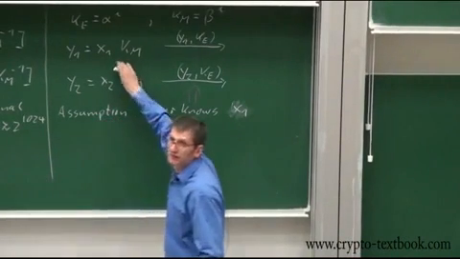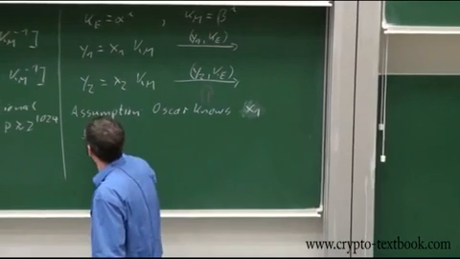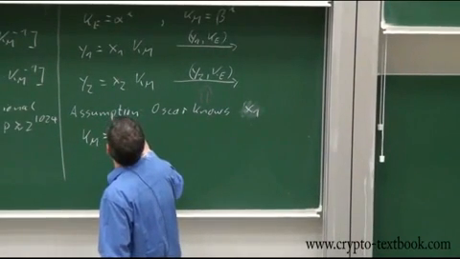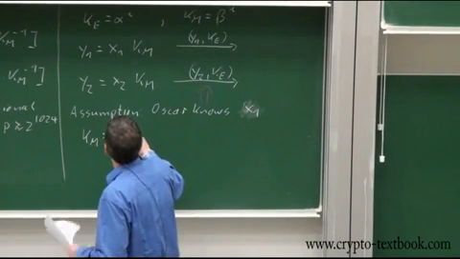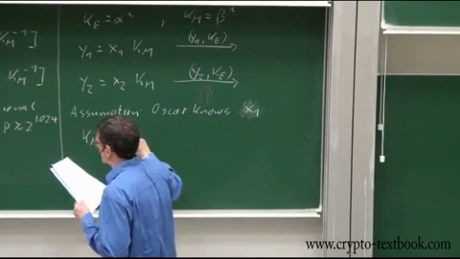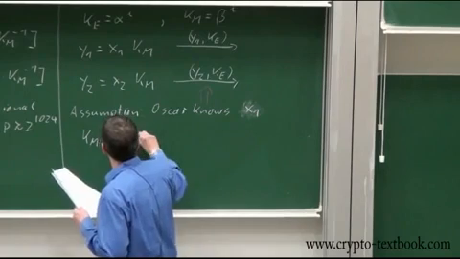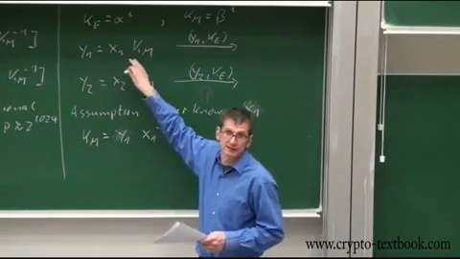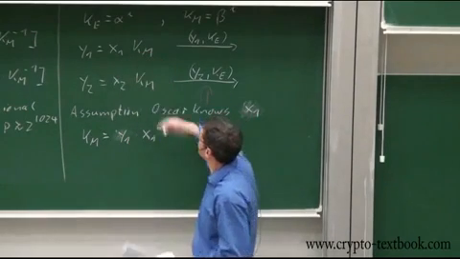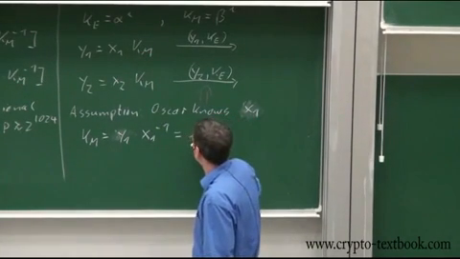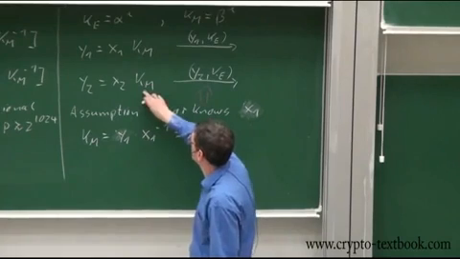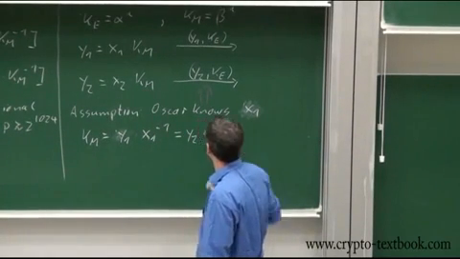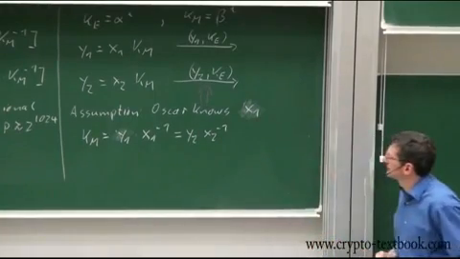What he can derive from these two equations is obviously Km is Y1 times the inverse of X1. I'm just looking at this equation and reordering that. But this is also equal to Y2 times X2 to the minus 1.